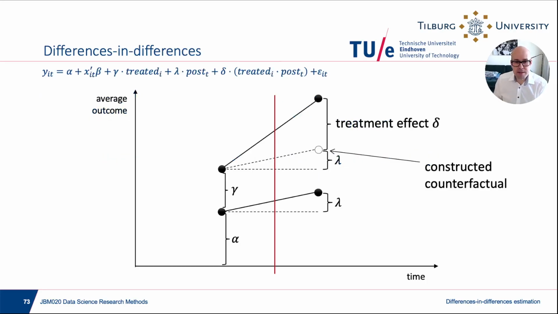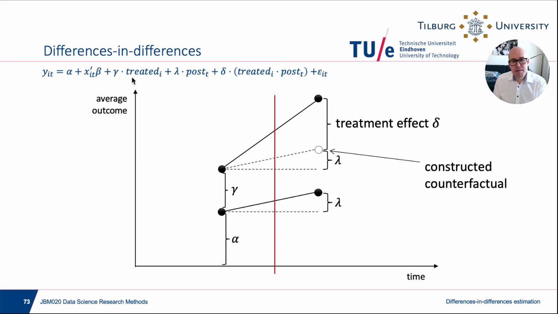The best way to see this is to go back to this figure. So what I've done here is I've again written down this equation that we'll use to run our regression, and I now bring it together with this figure. So what we're interested in estimating is this difference here, and when you just look at this equation, you simply plug in treated is equal to 0, and you ignore for the moment the x_it part.